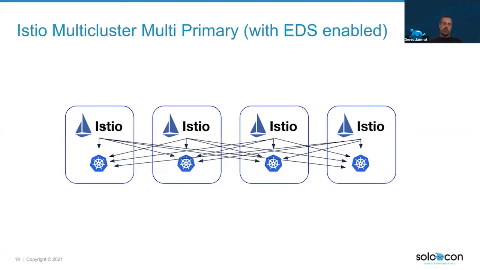So that one control plane will go and reach all the kube API servers of the other clusters to be able to discover the workloads. And the second control plane does the same, and the third does the same, and it's only 4. In my case, it's 8. In real-world scenarios we have with some of our customers, it can be 50, 100.